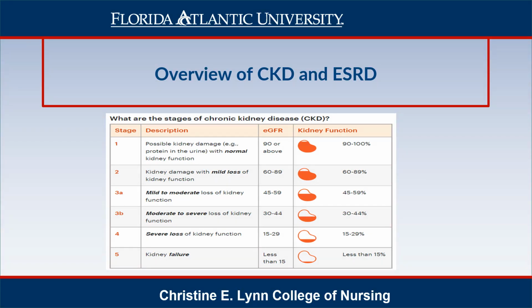Chronic kidney disease, or CKD, is defined as a gradual loss of kidney function over time. It's classified into 5 stages, with stage 1 being mild damage and stage 5 being end-stage renal disease, or ESRD. The impact on health can lead to cardiovascular disease, anemia, bone disease, and increased mortality.